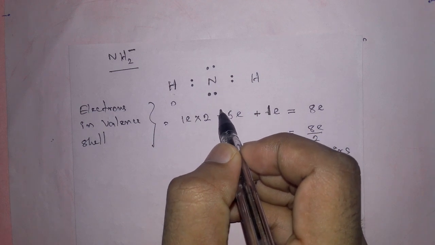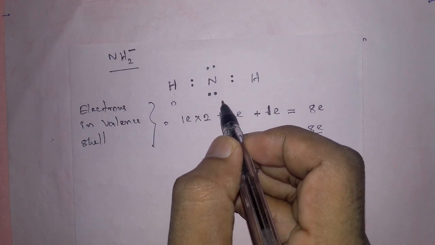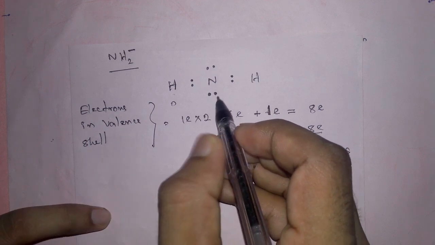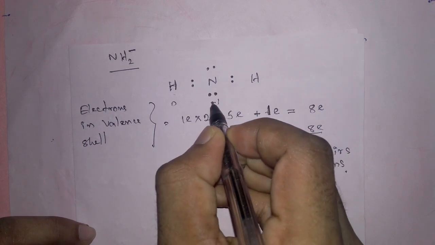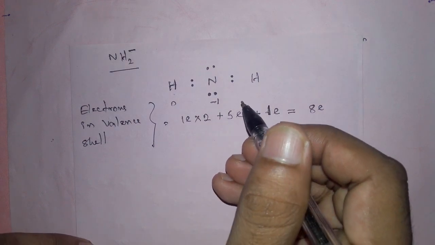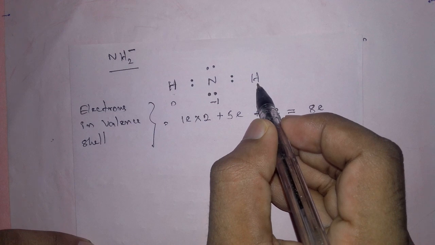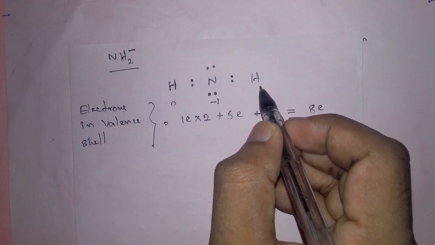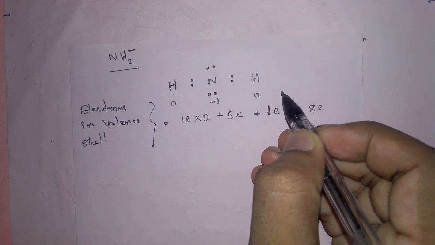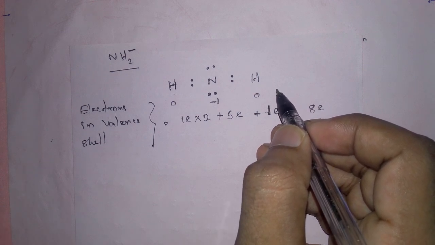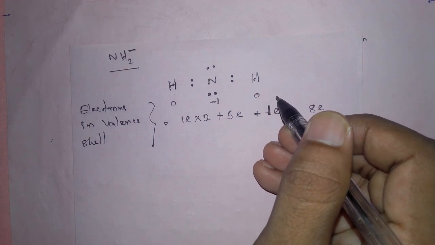So there is an extra electron in the valence shell of the nitrogen, so it has -1 as formal charge. This hydrogen as well has 0 formal charge because its valence shell has not changed by electrons.